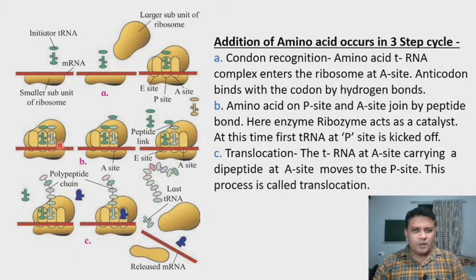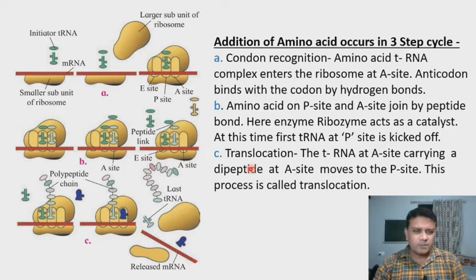Similarly, here we can see the amino acid molecules on the P site and A site get joined with each other with the help of a peptide bond, and the enzyme ribozyme acts as a catalyst. Then the tRNA at the P site is kicked off.